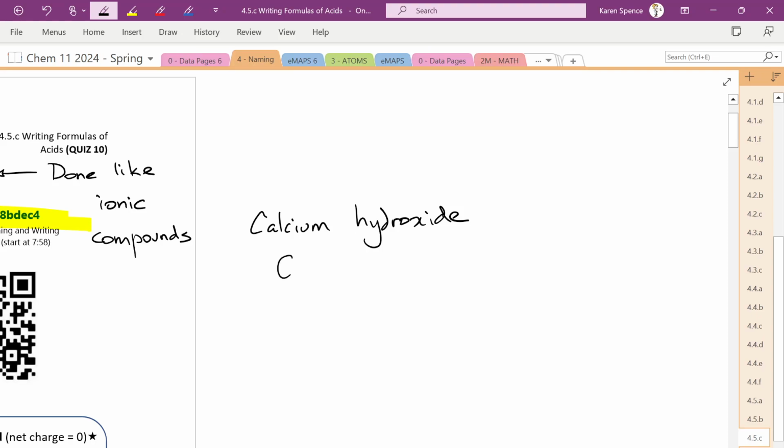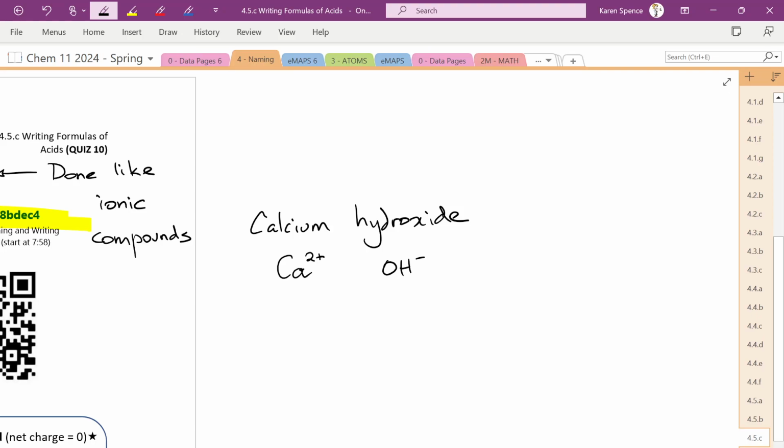You would say I got Ca, and you would need to know its charge, it's 2+. And hydroxide, where would you look to find hydroxide? On your polyatomic ion sheet, so take a look. It is OH -1.